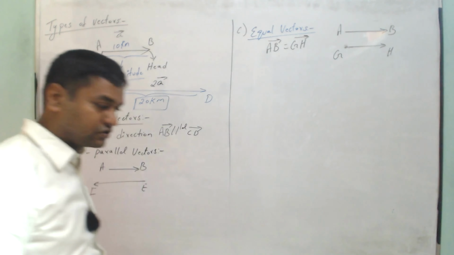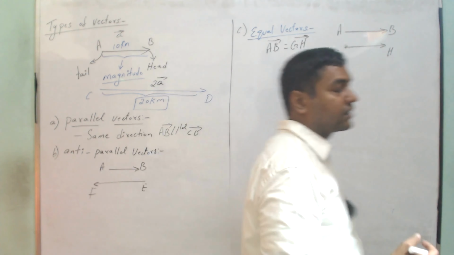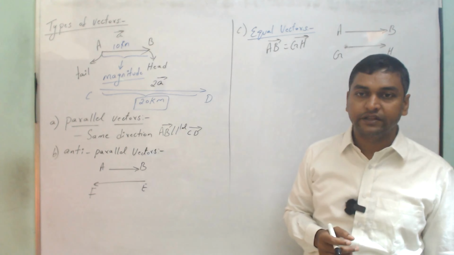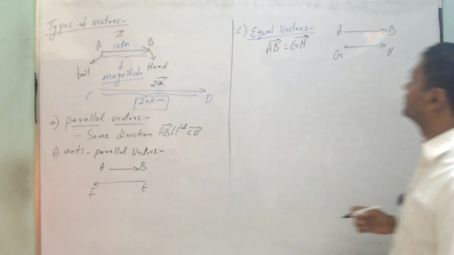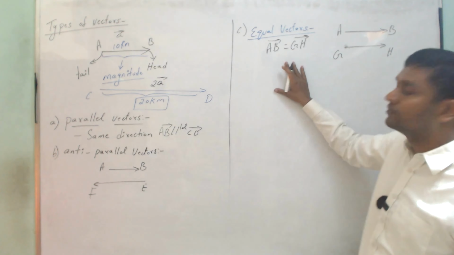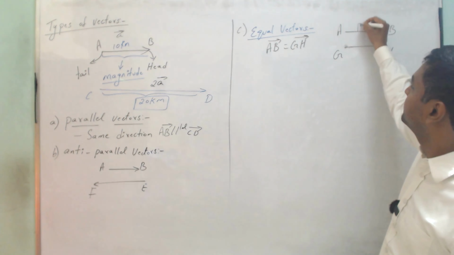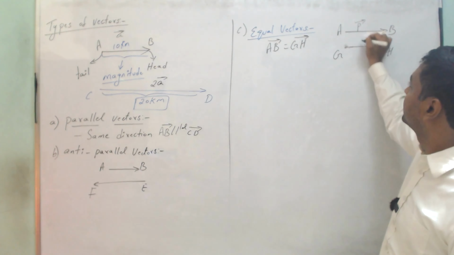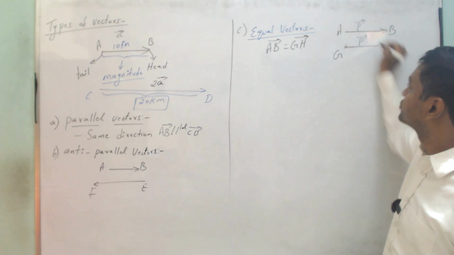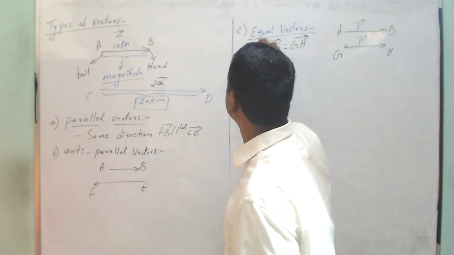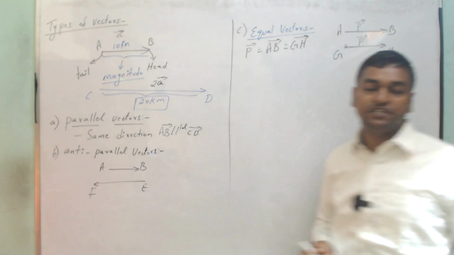Why? Because it is twice the magnitude and also parallel. Clear है क्या? Now, for equal vectors, if I will say that this is p bar, then I can call this fellow also p bar. Basically, my p bar is nothing but AB bar, which is GH bar.